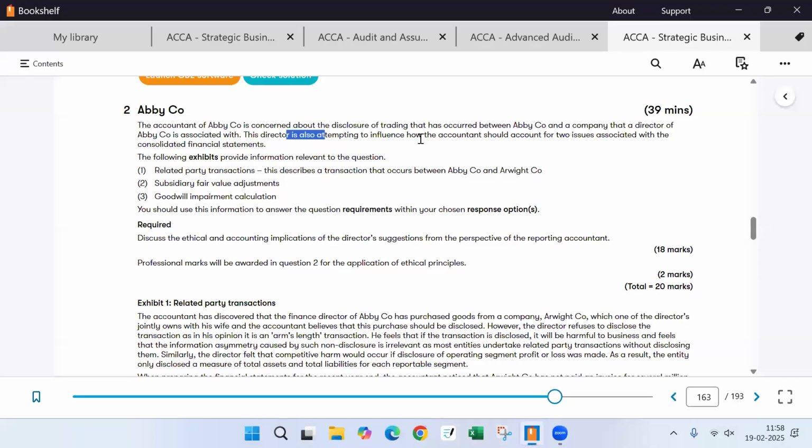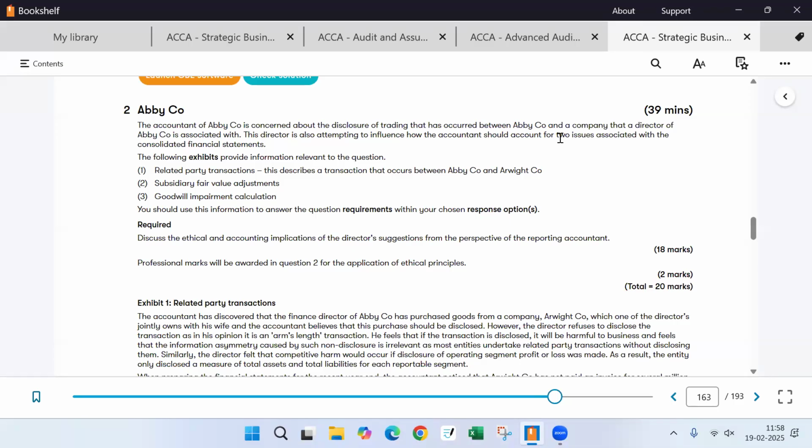So if you look here, the accountant of Abbey is concerned about the disclosure of trading that has occurred between Abbey and a company that the finance director of Abbey is associated with. The director is also attempting to influence the accountant. Should the accountant raise issues associated with the consolidated financial statements?